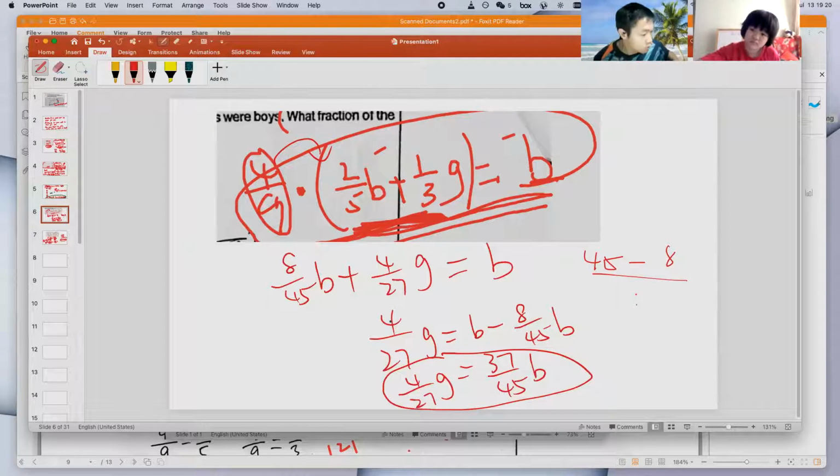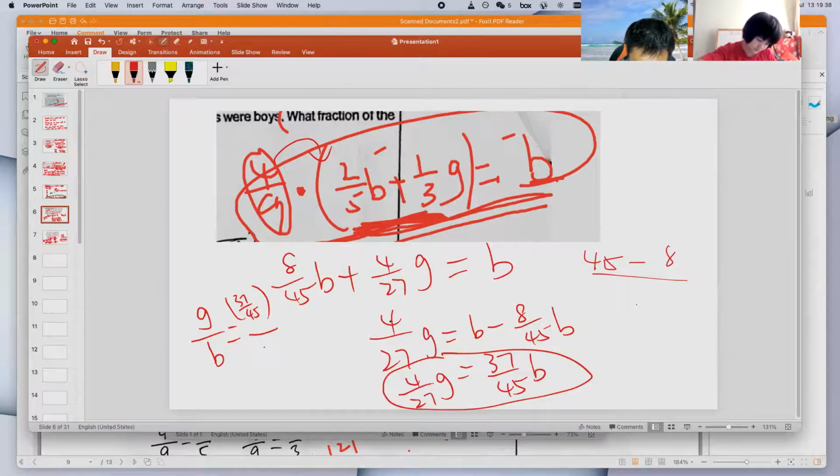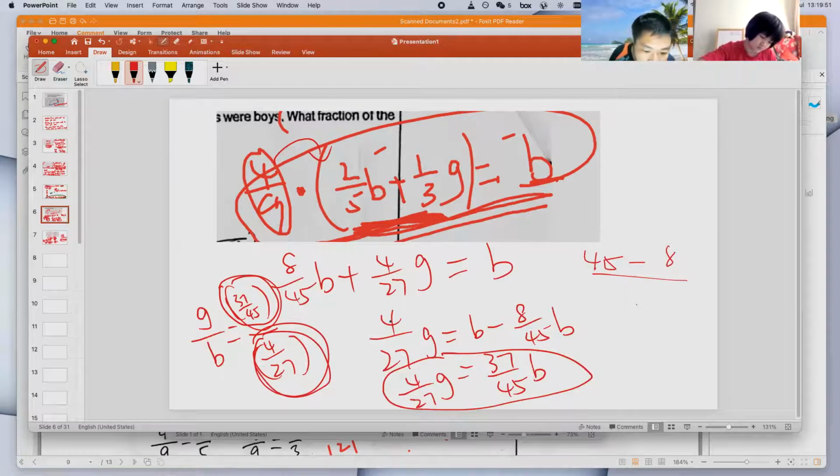Okay, let me quickly... can you help me do one thing? G over B. Hold on. Can you help me out using a calculator? 37 over 45, which is the numerator, bracket, divided by 4 over 27, both with brackets.